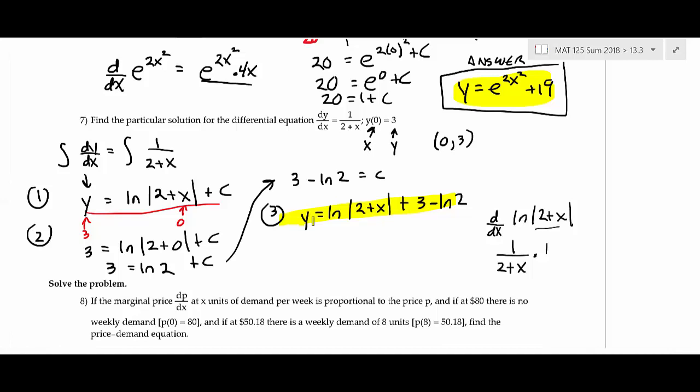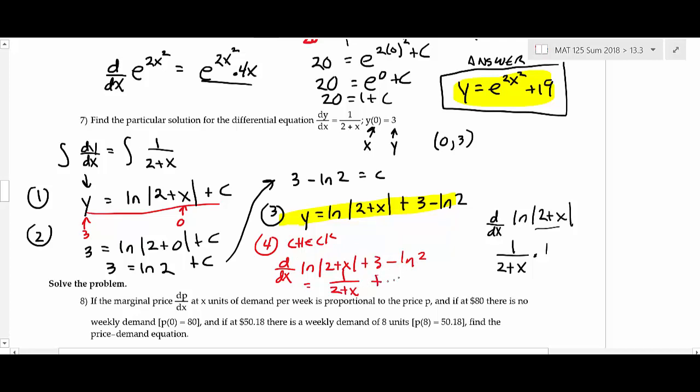I mean, you could check this thing too. If you do the derivative of this, I'm going to go ahead and add this one extra step. If you do the derivative of all of this stuff right here, ln 2 plus x plus 3 minus ln 2, you get the derivative of that ln is 1 over 2 plus x, and then the derivative of this is just constants.